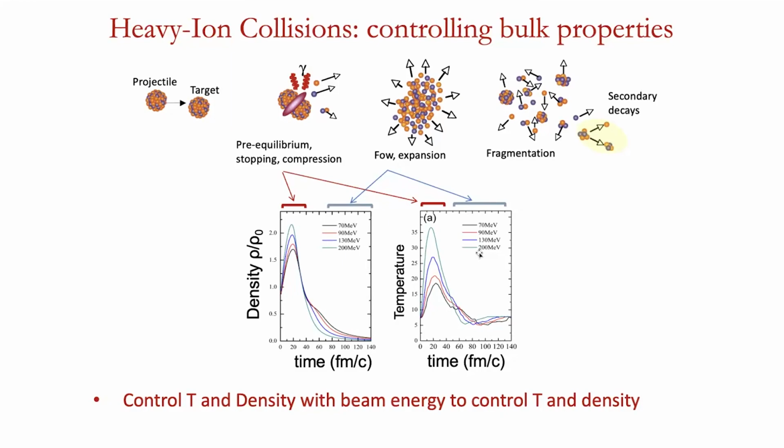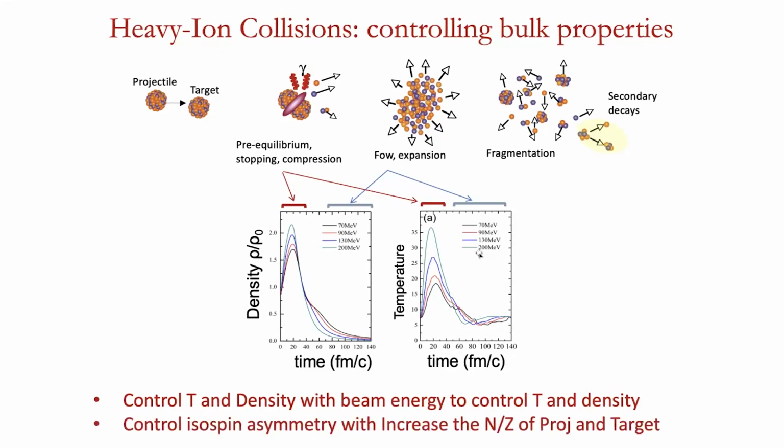So we expect that the beam energy and also the combination of the masses of these nuclei can be used to have some handle on the temperature and the density achieved by these systems.